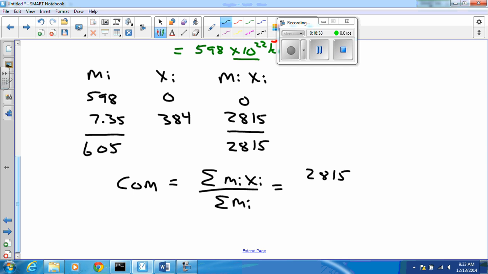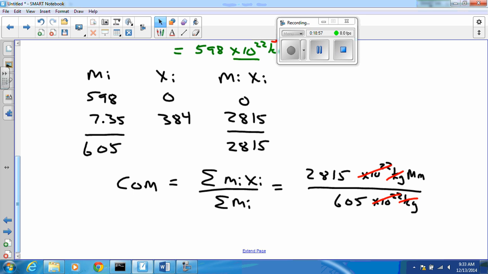Center of mass is equal to sum of mass times position over sum of mass, which gives us 2815 times 10 to the 22nd kilogram megameters over 605 times 10 to the 22nd kilograms.